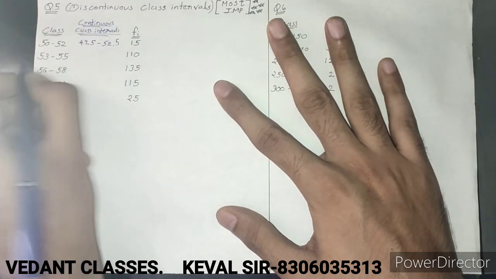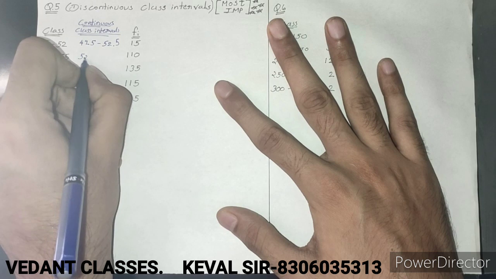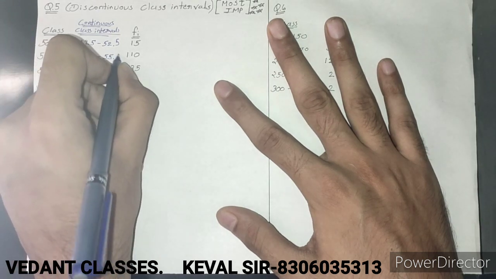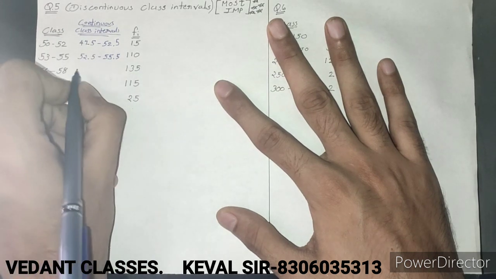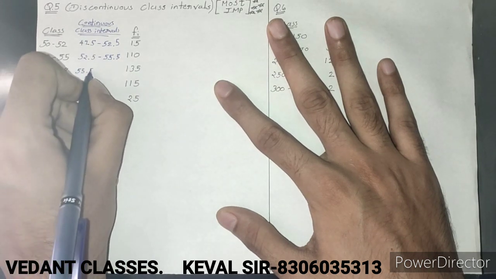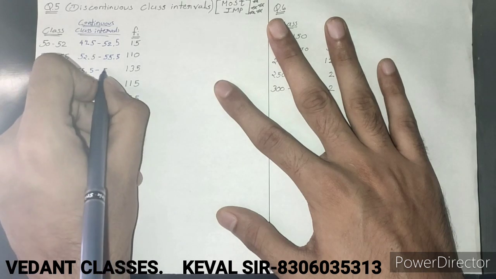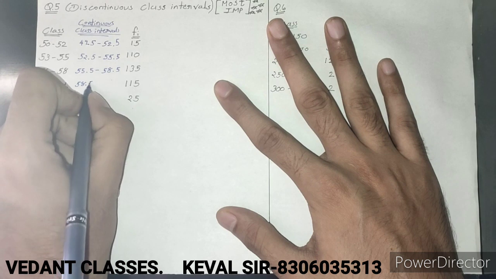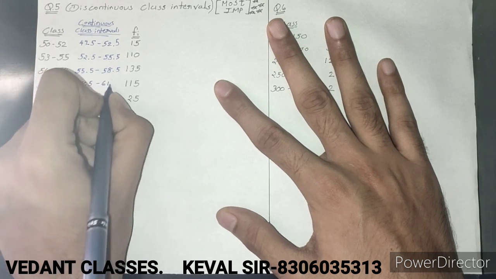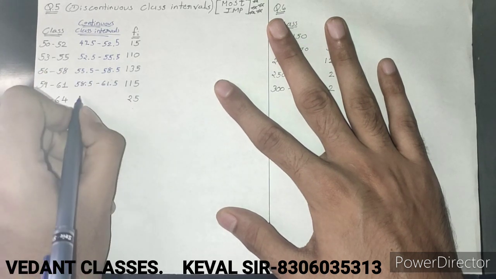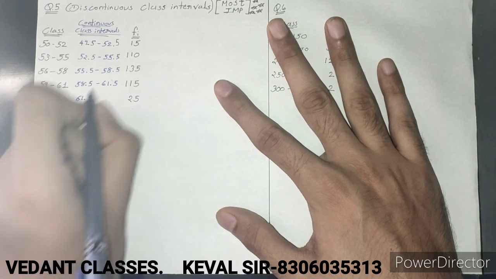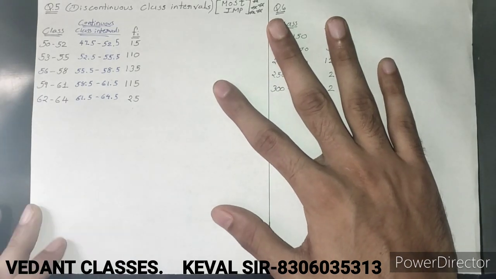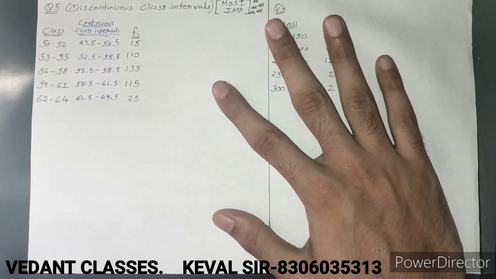Now here it will become 52.5, this will become 55.5, this will be 55.5, this will be 58.5, this will become 58.5, this will be 61.5, this will be 61.5, this will be 64.5. So we have converted the class into the continuous class intervals.